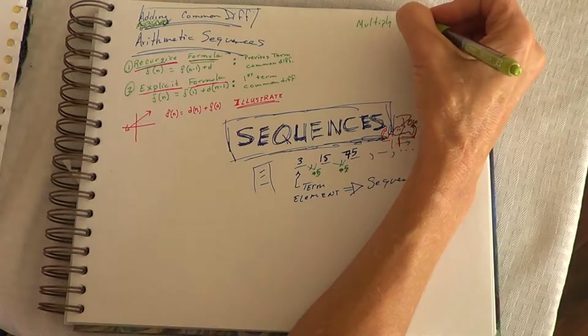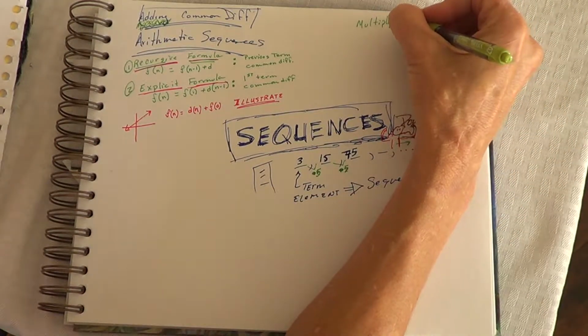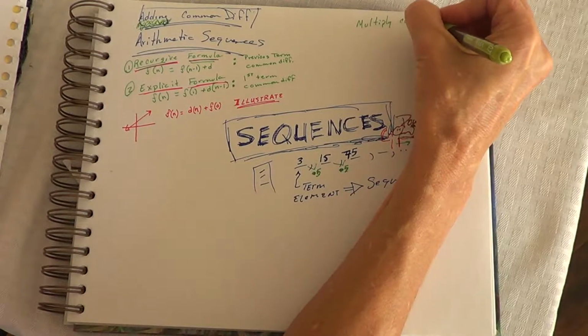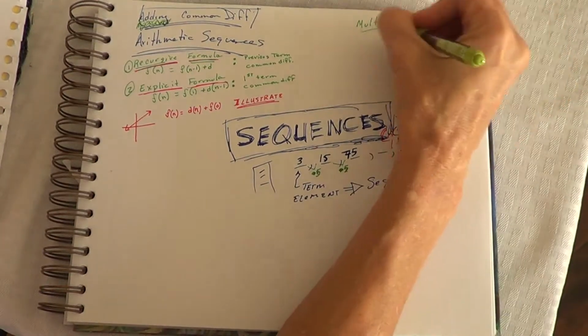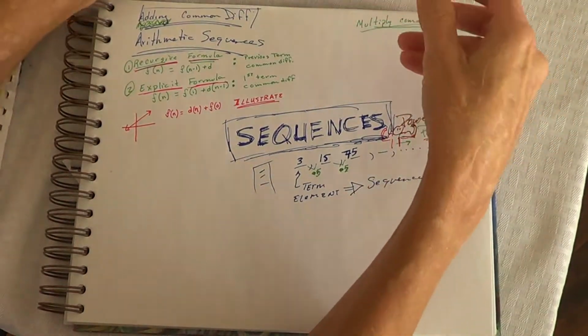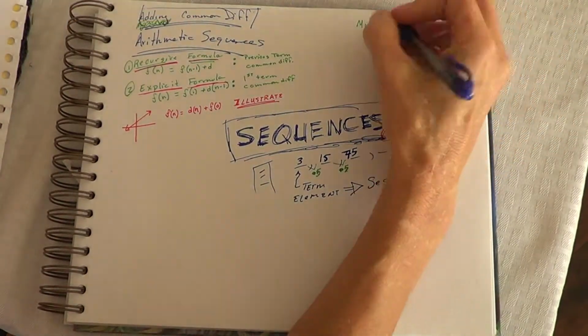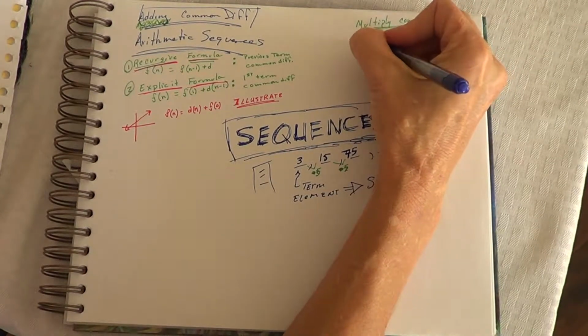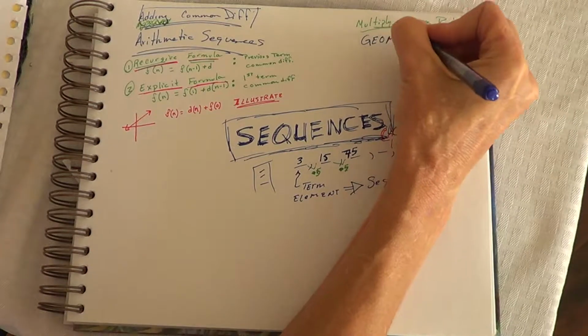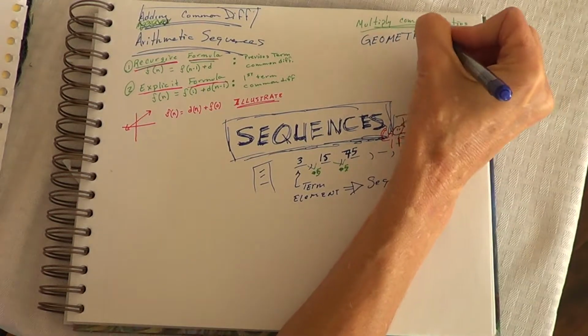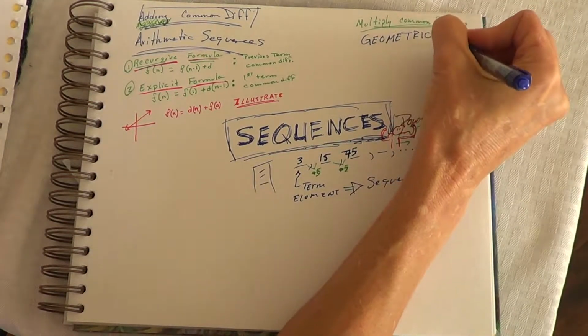And we don't call them common differences, we call them common ratios. Okay, so today we have a new name for these. These are geometric sequences.